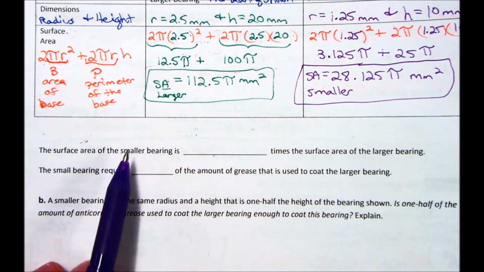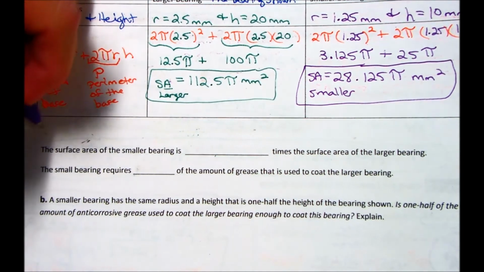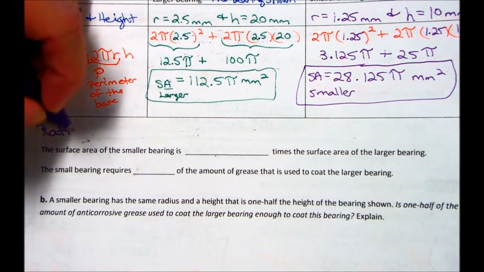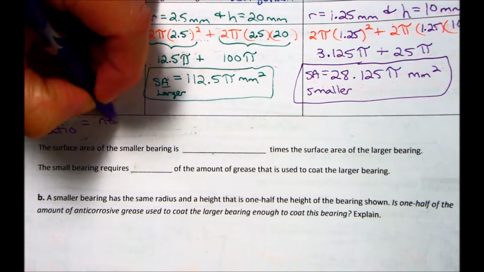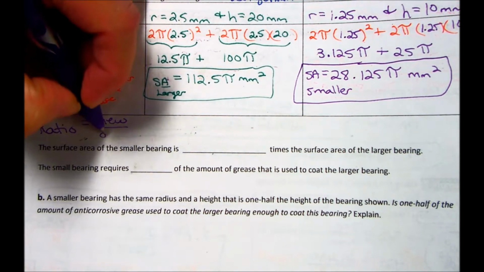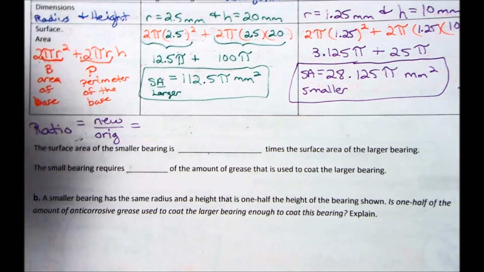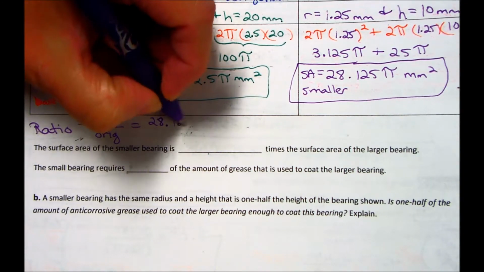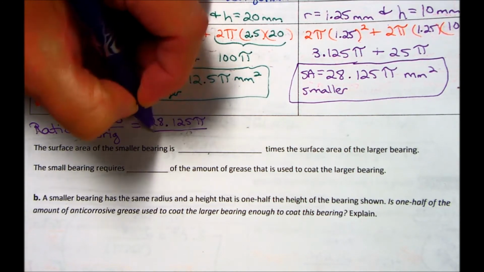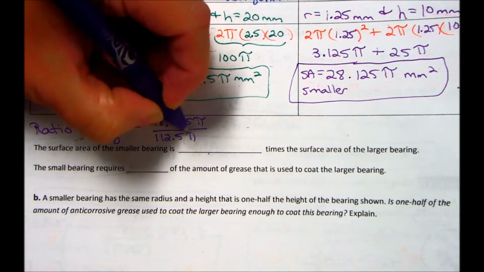So when you're trying to compare the smaller one to the larger one, we're going to set up a ratio. And when you do the ratio for a lot of these problems, it's going to be the new dimensions over the original. So the new dimensions would be the smaller one after we cut the dimensions in half, so 28.125 pi over the original, which was 112.5 pi.